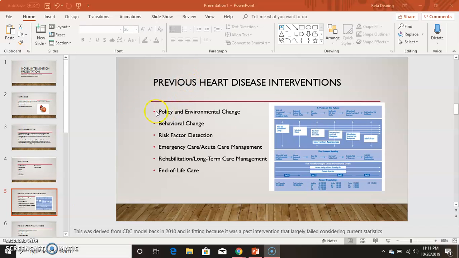The intervention included policy and environmental change, behavioral change, risk factor detection, emergency care and acute care management, rehabilitation and long-term care management, and end-of-life care.